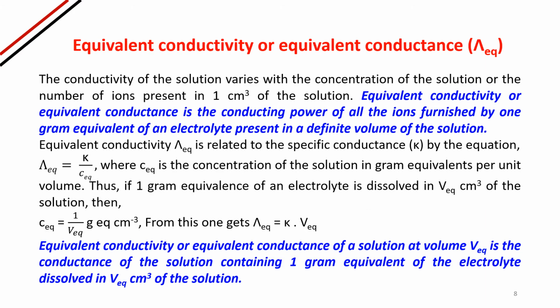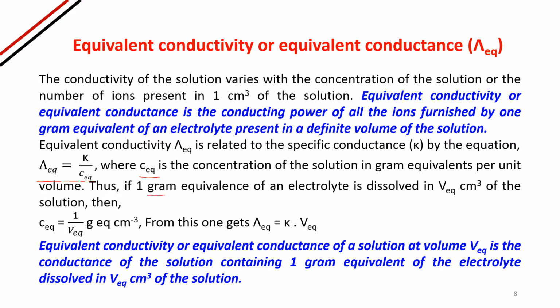So again, I have come back to the previous slide. I have shown you from where we are getting this formula, that is lambda equivalence is equal to kappa by C equivalence, where C equivalence is the concentration of the solution in gram equivalent per unit volume.